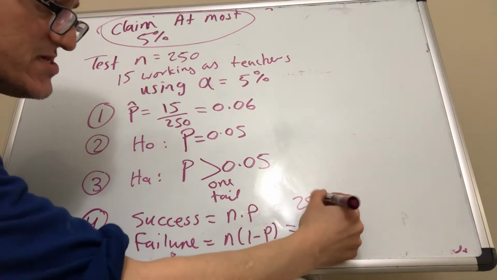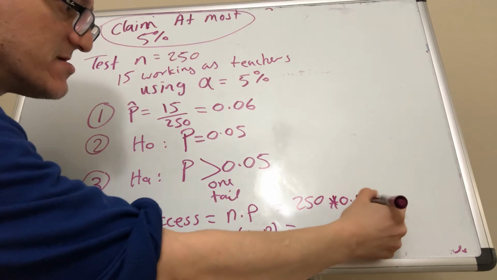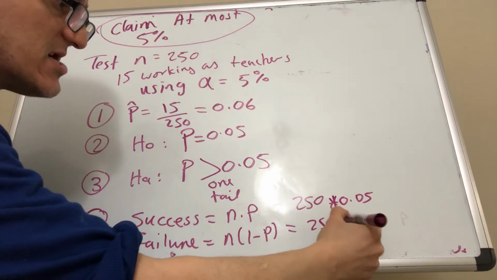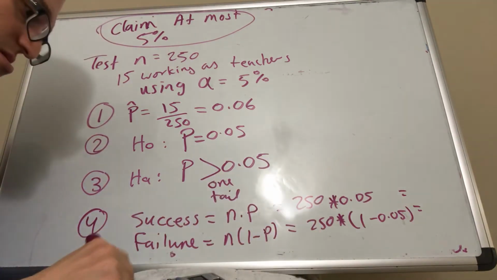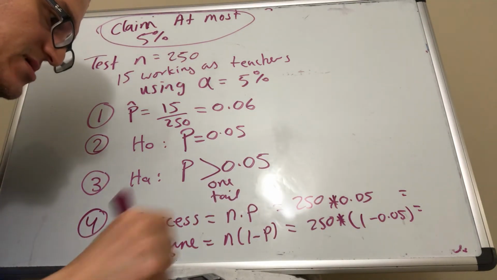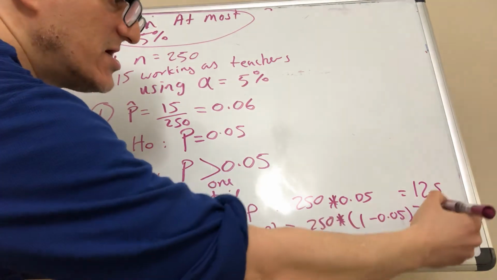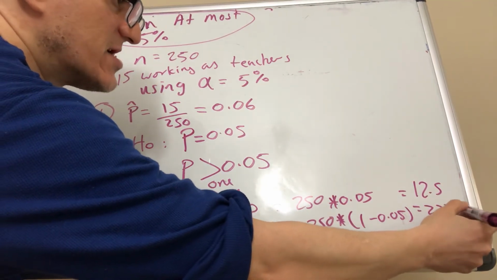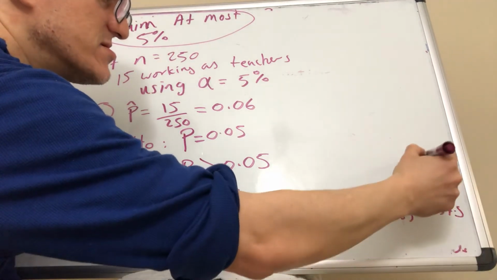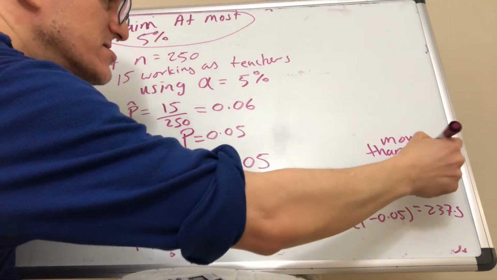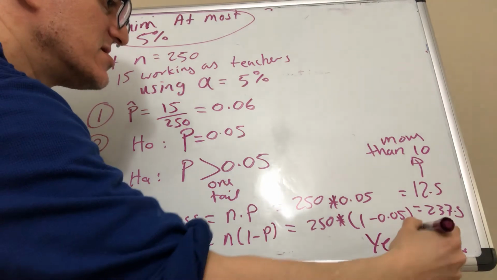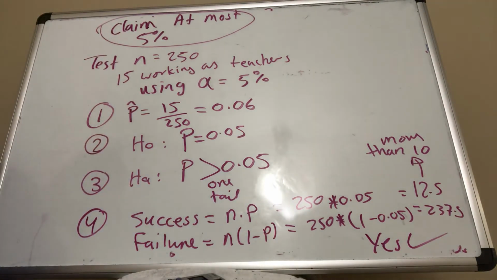So it's 250 times 5%, and 250 times 1 minus the 5%. Here you have 12.5, here you have 237.5, both numbers more than 10. So yes, the condition is satisfied.